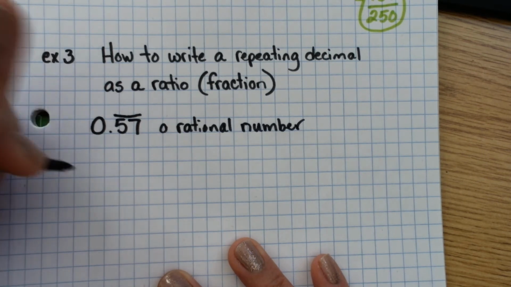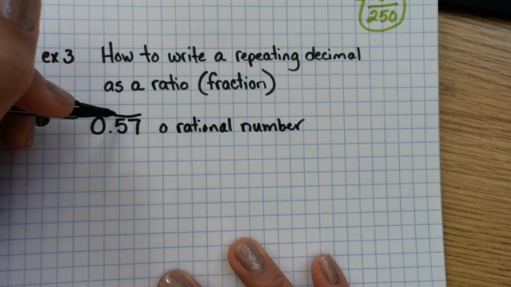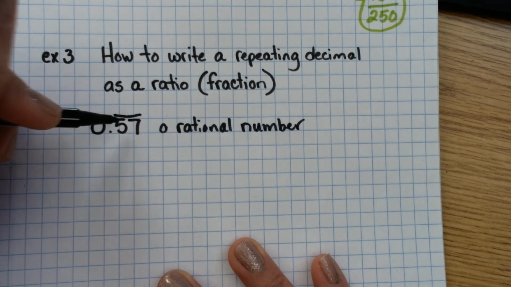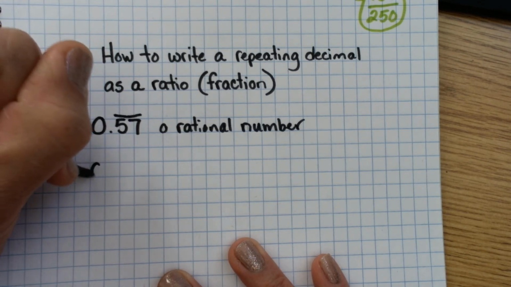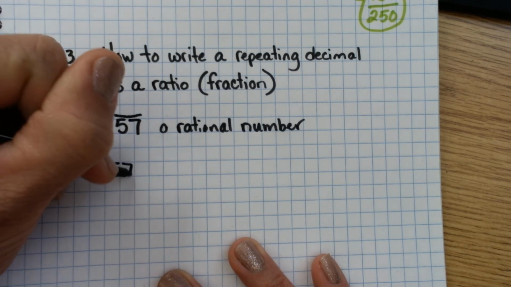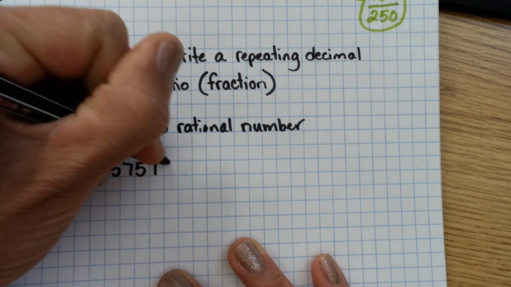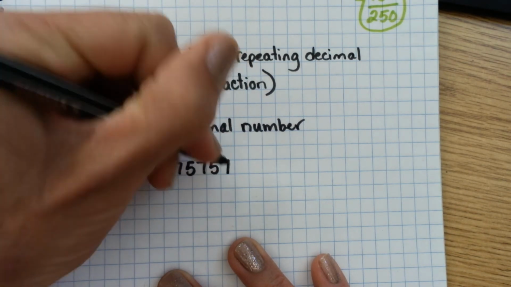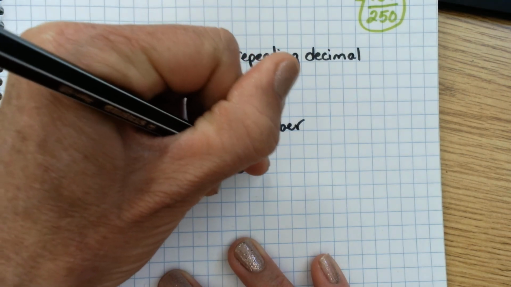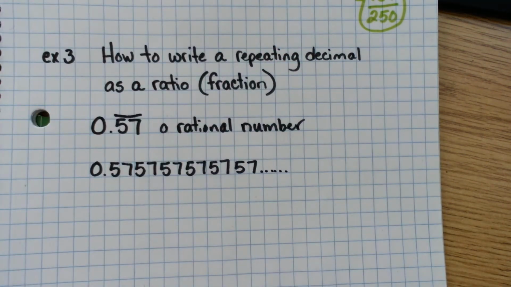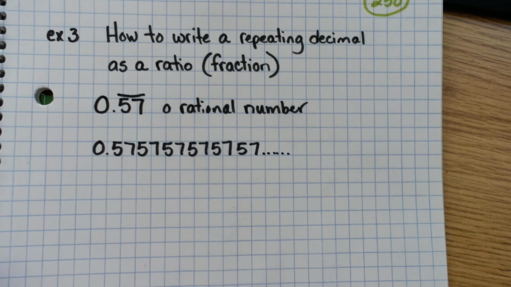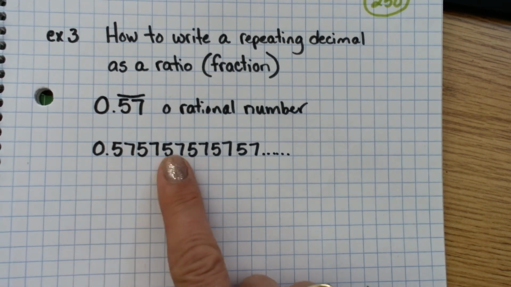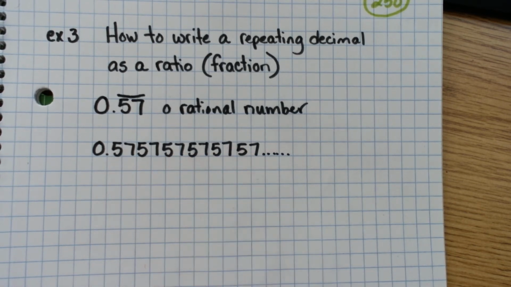In other words, 0.57 with this line or bar over it tells me that these numbers would repeat on and on and on. So 57, 57, 57, and we could keep going and going as long as we wanted till we got bored, which I am, so I'm going to put an ellipsis there. But you get the picture. You could see that this pattern just repeats again and again.